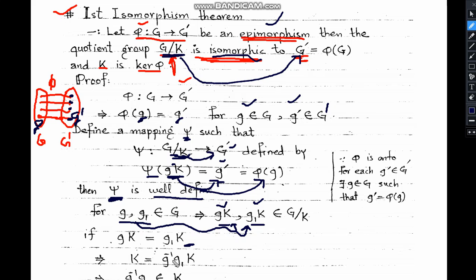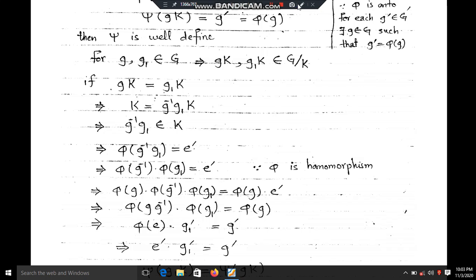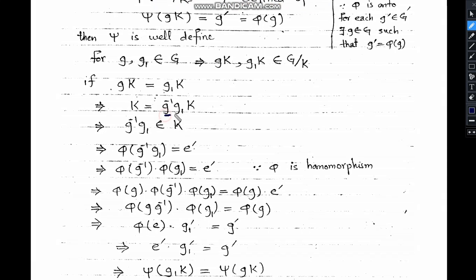so on multiplying both sides by g inverse, and we know that this g inverse and g1, these are elements of G. So their composition is possible here.